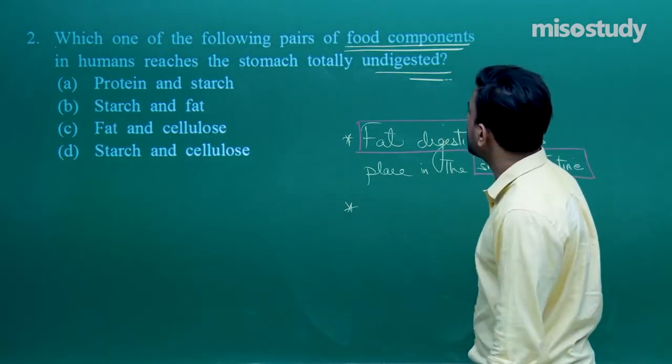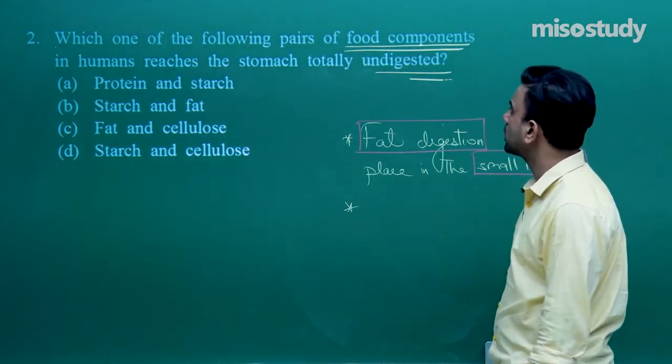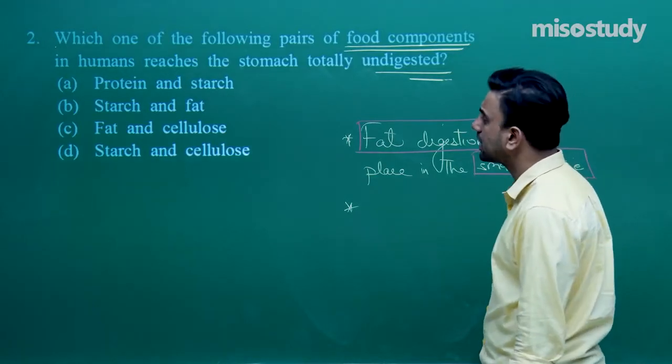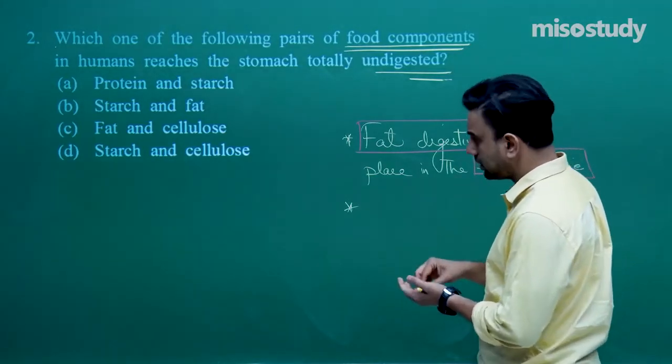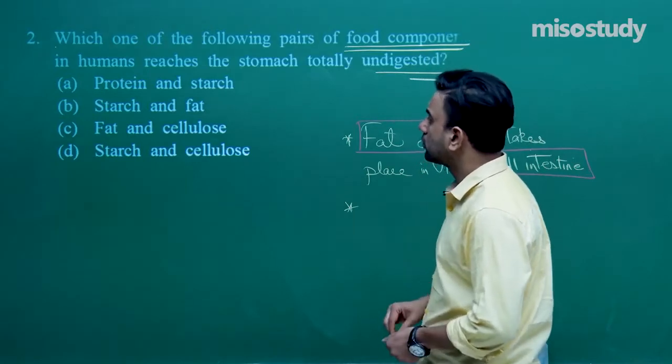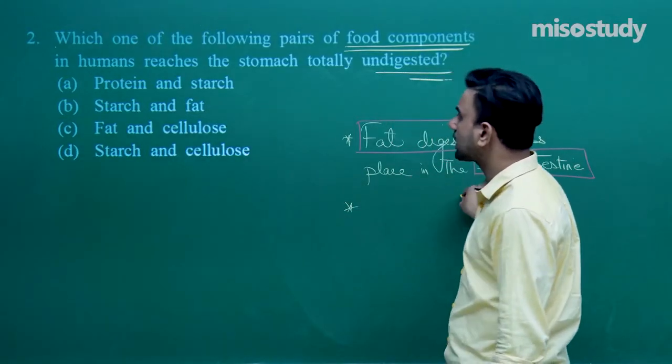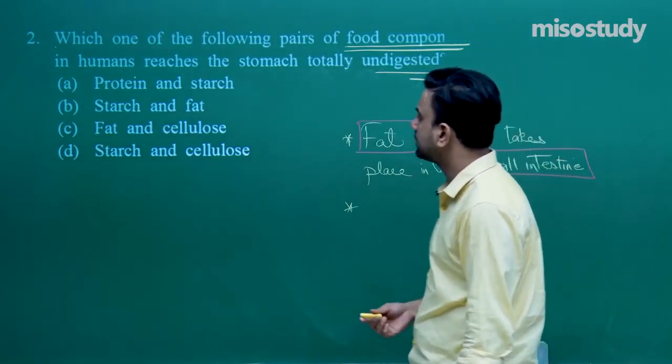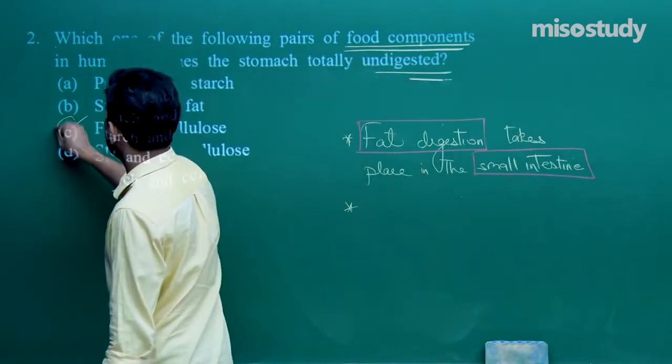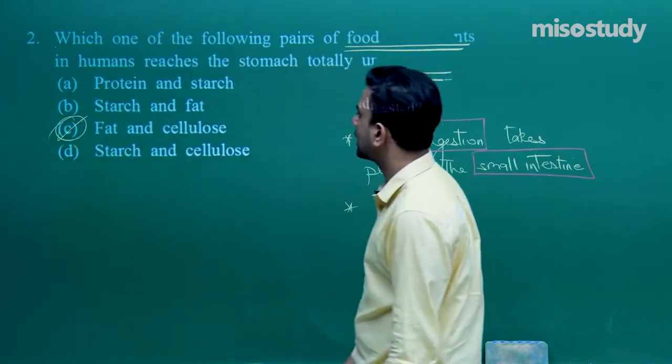So, which one of the following pairs of food components in humans reach the stomach totally undigested? In this we can say the starch. We have to choose one, we chose fat, and the other one is cellulose. So, this will be the correct option, that is fat and cellulose.